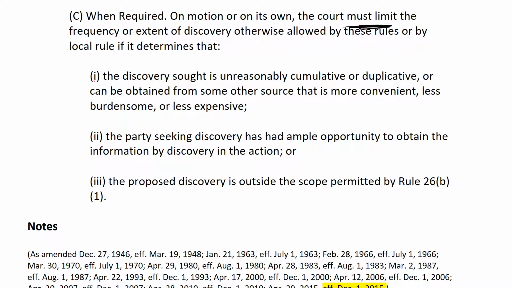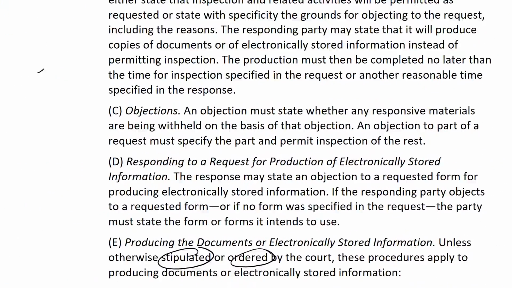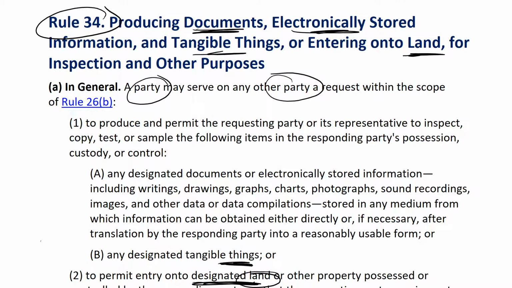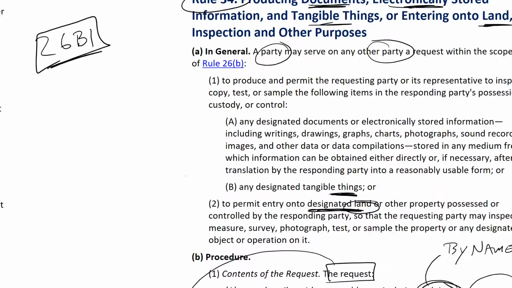Another kind of proportionality type limitation, that if discovery is unreasonably cumulative or duplicative, or can be obtained from a more convenient, less burdensome, or expensive place, or so on and so forth, that can also limit discovery. So even though Rule 34 doesn't have a technical limitation, there are other limitations built into the rules that allow reduction or prevention of burdensome or duplicative discovery. All right.